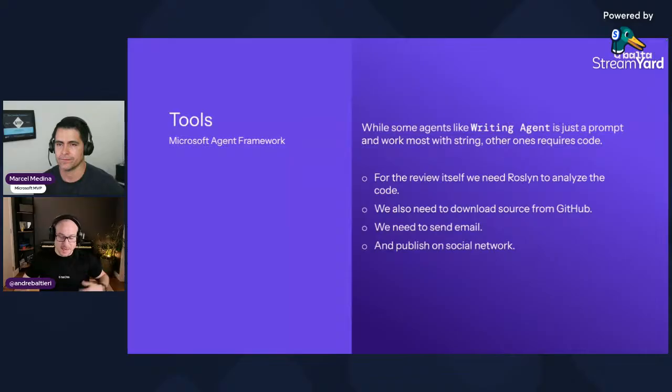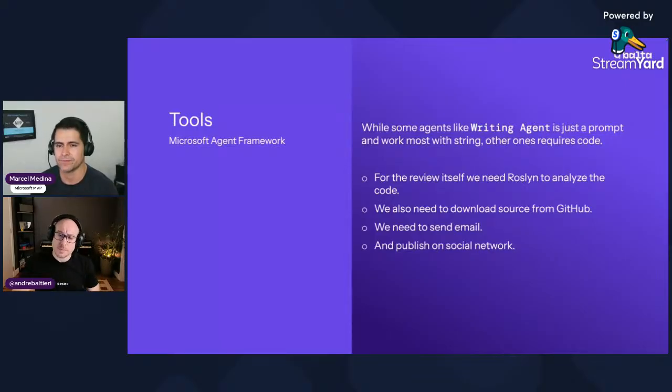Anyway, MAF itself we can use to create agents, create workflows, which is a good topic, create tools, and a lot of things. That's what I'm showing you now. This is just an overview, then we go to the code to see it in action, right?